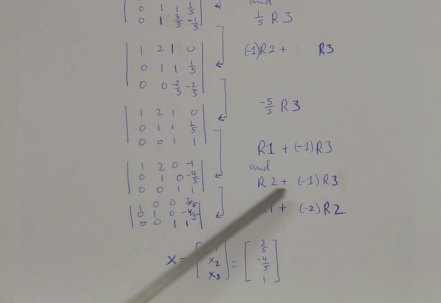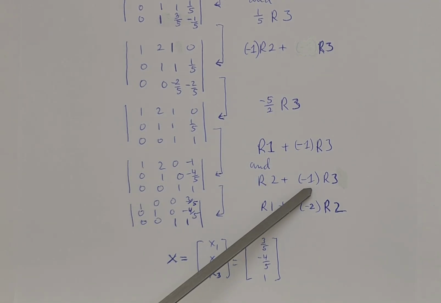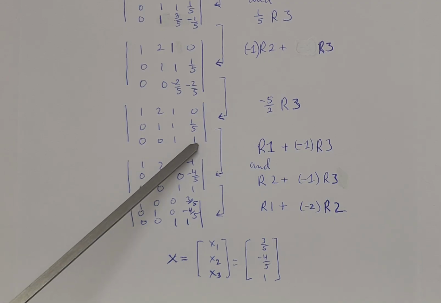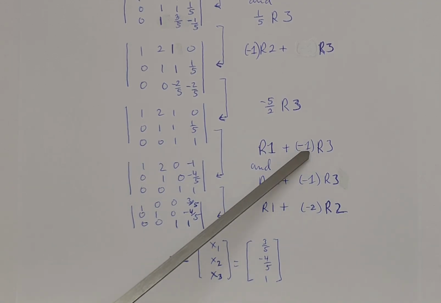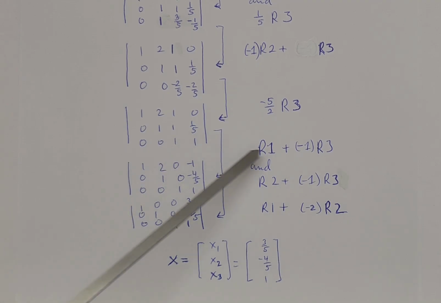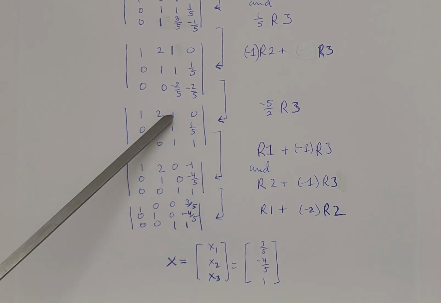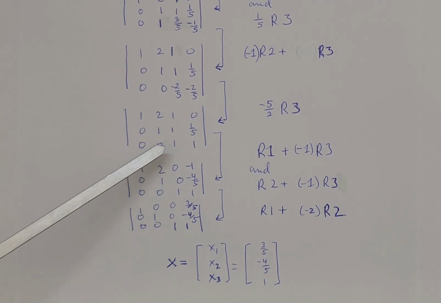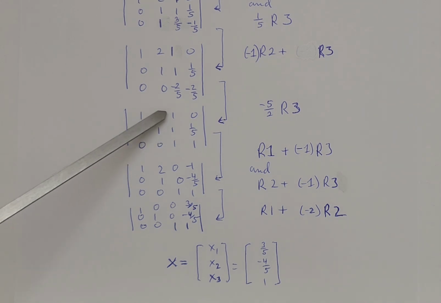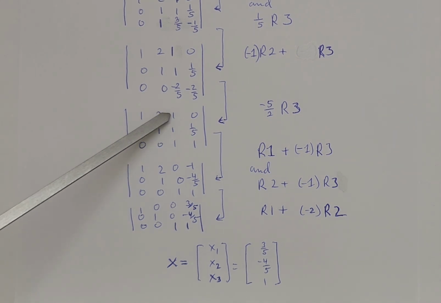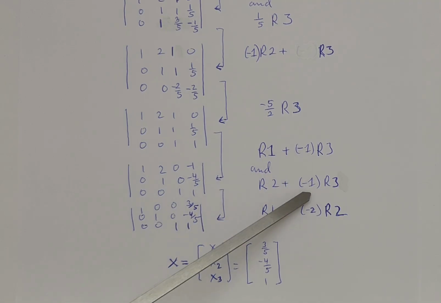Opposite of positive 1, negative 1. So negative 1 times R3 plus row 2, that's what I have here. Negative 1 times R3 plus row 1, which I have here. Okay, so this is positive 1, and this is positive 1. Opposite, negative 1, which I have here and here.